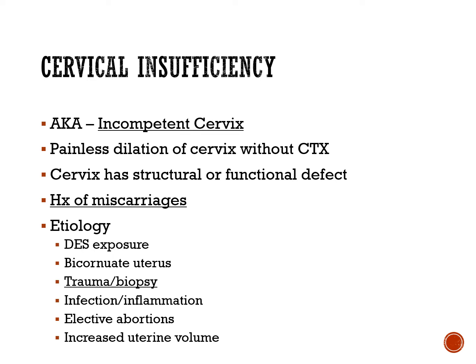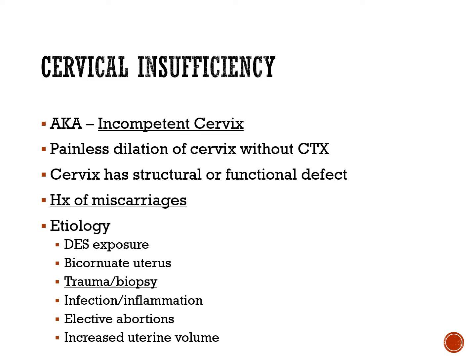So what can be a cause of this cervical insufficiency? Maybe they were on a synthetic estrogen. They could have a bicornuate uterus or a malformation in the uterus and cervix itself. Trauma or biopsy, like a LEEP procedure where they removed a cone biopsy surgically or with the LEEP machine, and that cervix is half the size it would have been.